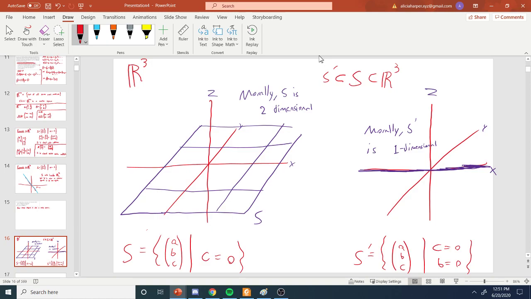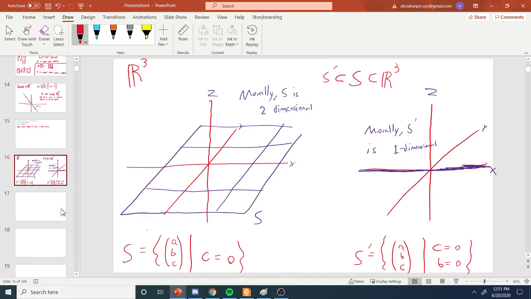Again, I'm not being rigorous, but when you apply one constraint, like c equals 0, it's almost like you're cutting down the ambient dimension of R3 by 1. And then when you apply two equations, it's almost like you're cutting down the ambient dimension of R3 by 2. And in time, I will make that statement rigorous, but for now, we're going to have to do a bit more definitions.